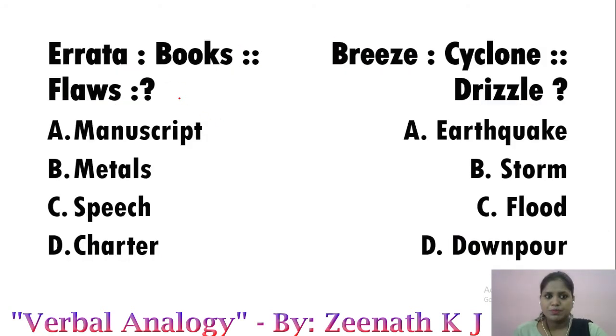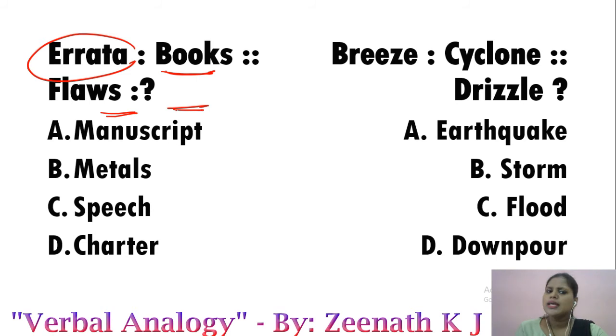Errata is to books. Likewise, flaws is to what? If you commit a mistake in a book, it's actually called errata. Likewise, if you commit a mistake in what is actually called flaws is the question we have over here.